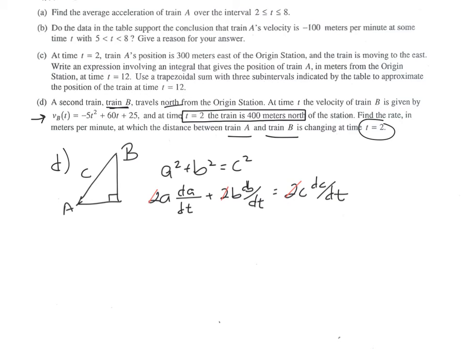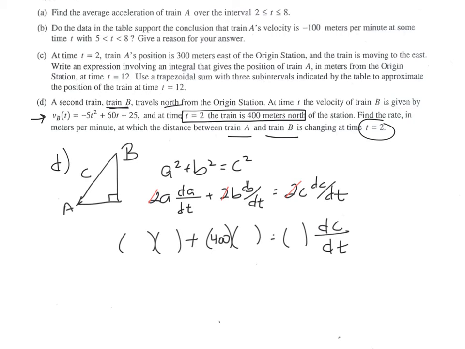That's the rate at which the distance between A and B are moving away from each other. So we need a value for C, for B and dB/dt, and for A and dA/dt. Now remember, this is happening when t is equal to 2, and they tell us right here that B is equal to 400 meters. So let's enter that in.